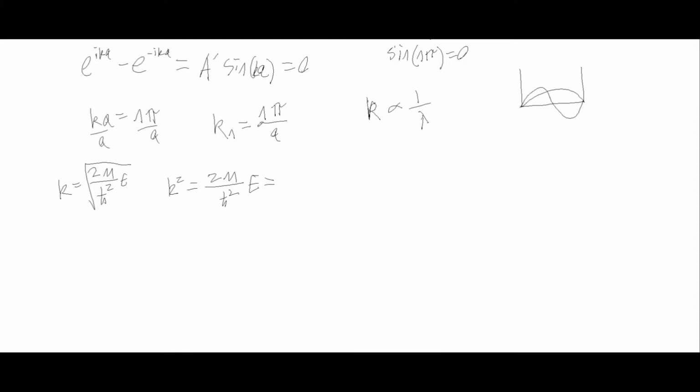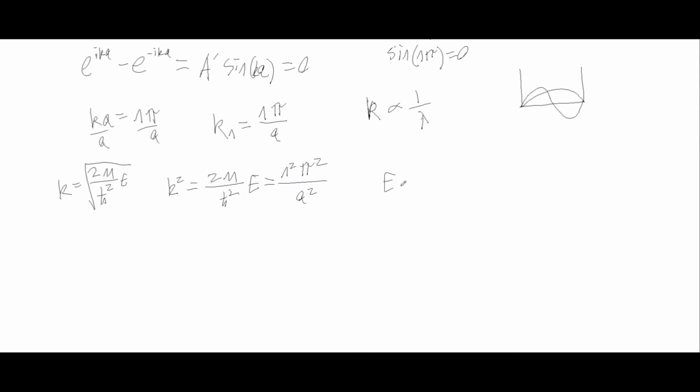And so k squared is going to be n squared pi squared over a squared. If we do some rearranging to get this set equal to E, we multiply both sides by h bar squared and divide both sides by 2m.